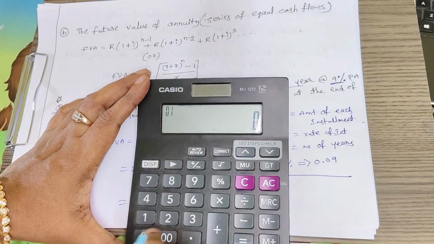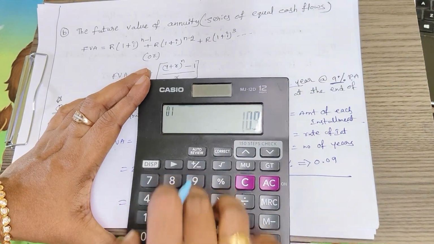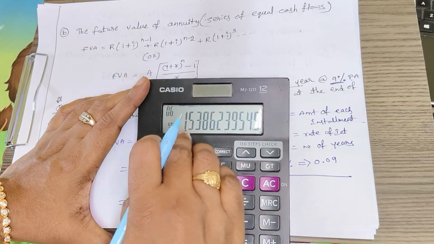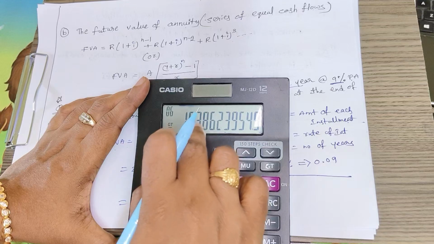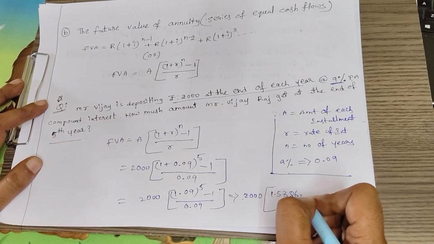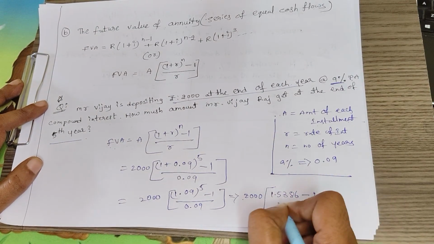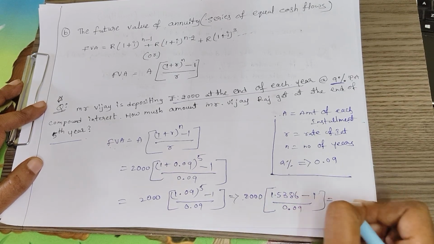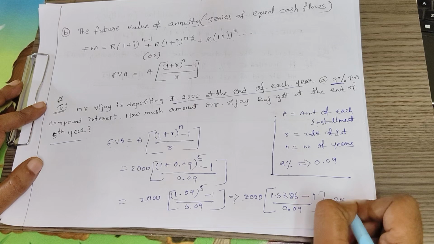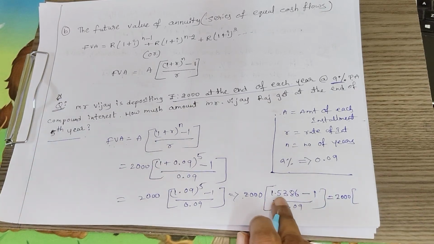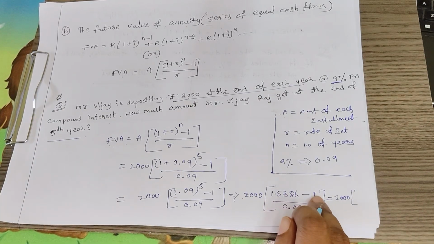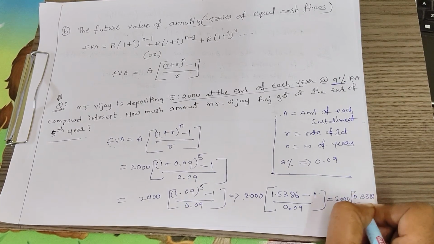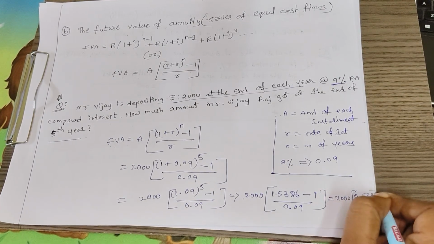1.09 multiplied 5 times. So how much? 1.5386. 1.5386 minus 1, divided by 0.09. So how much will you get? 2000 into, 1.5386 minus 1, you will get 0.5386 divided by 0.09.